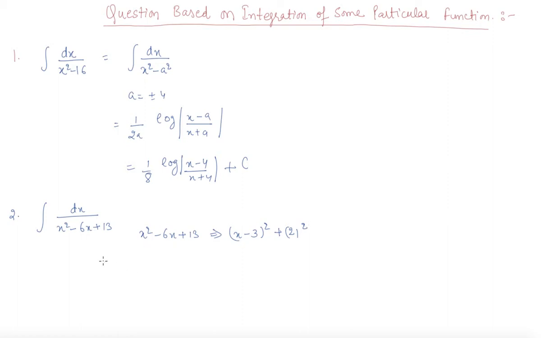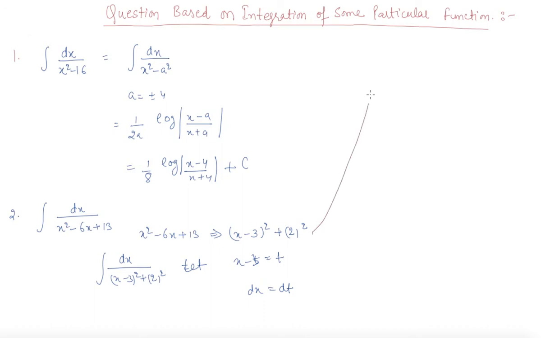Now I will simply write dx over (x minus 3) whole square plus 2 square. Can I put x minus 3 as t? Let x minus 3 equal to t, then dx will be dt.